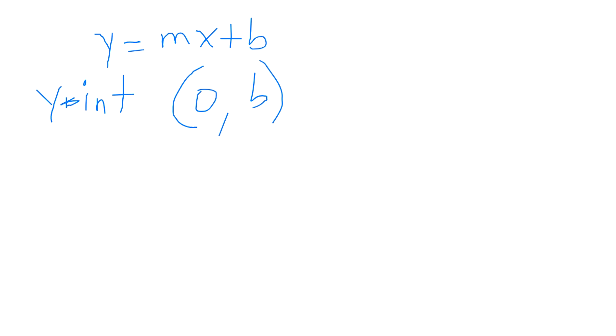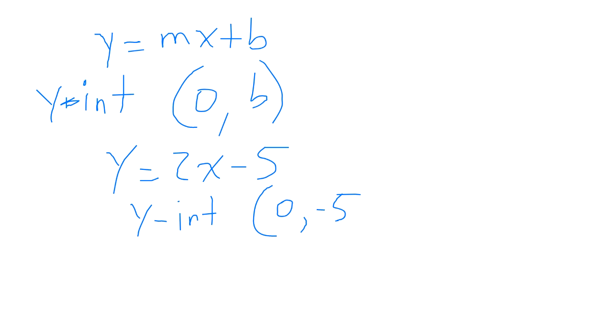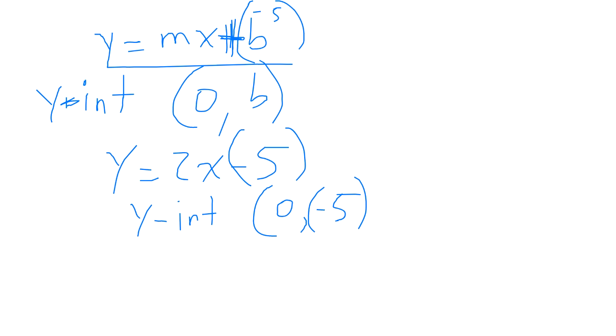So if I have y equals 2x minus 5, my y-intercept is going to be (0, negative 5). That is my y-intercept. Why? Because the rule says there is a plus here, so whatever is here, if it's negative, because positive times negative is still negative, I put everything on here, negative 5.